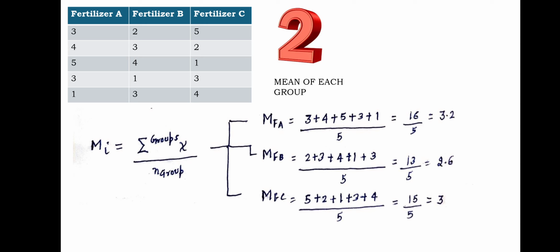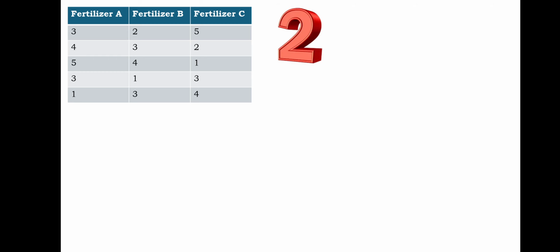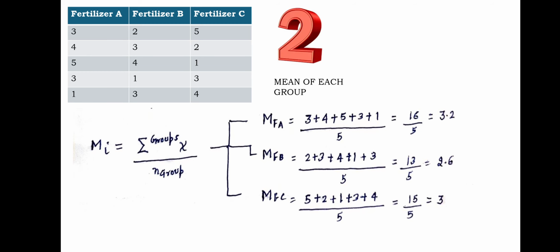Fertilizer A has X values 3 plus 4 plus 5 plus 3 plus 1, which is 16, and it has only 5 plants. So 16 divided by 5 gives 3.2, the mean of the first fertilizer. We will do the same exercise on all 3 fertilizers. So in the previous step we found the mean of all data, and in this step we find the mean of each group.